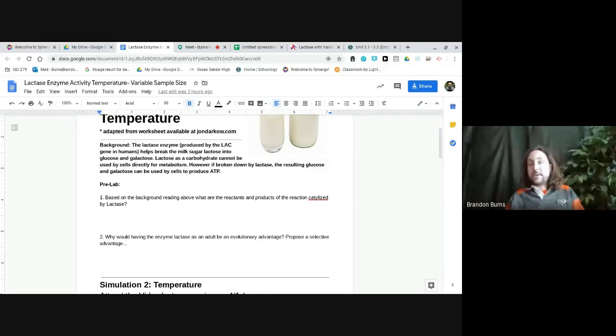Lactose is a carbohydrate, a sugar that's found in milk, and lactose is broken down into 2 other kinds of sugars, which is galactose and glucose, which is the sugar that we can most easily use. But we can actually use galactose as well. So the enzyme's job is to break down lactose sugar. So be careful when you see or read the words lactase and lactose that you think, all right, am I talking about the protein or am I talking about the sugar?